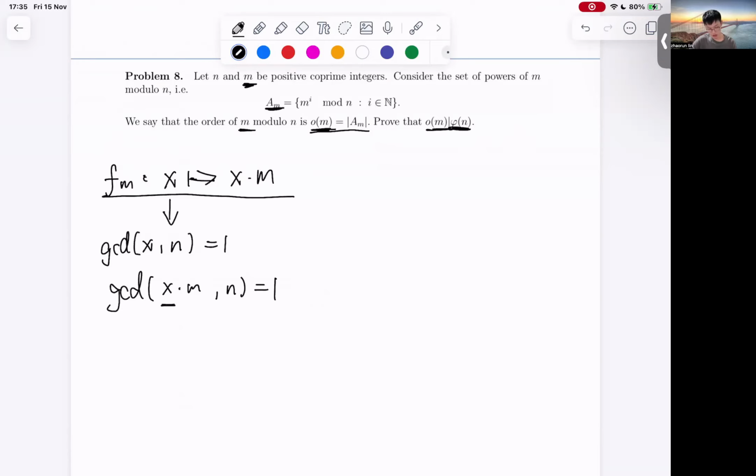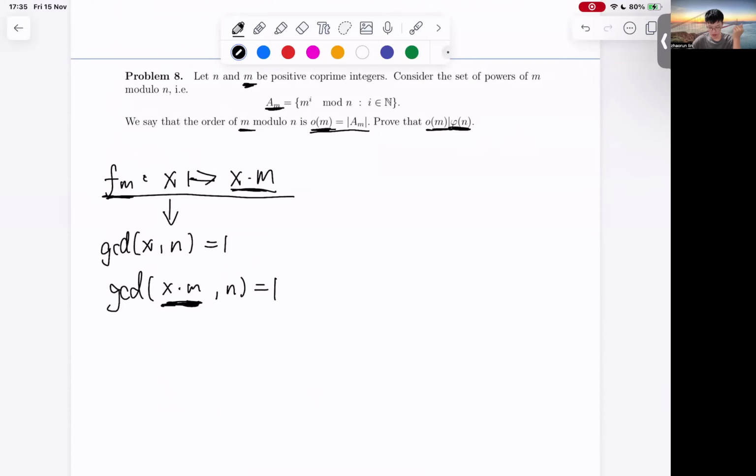Because x is coprime to n, and m is also coprime to n. So this xm is also coprime to n. So we can conclude that in the original set, if x is coprime to n, then after we map it using this mapping, the result of x times m is also coprime to n.